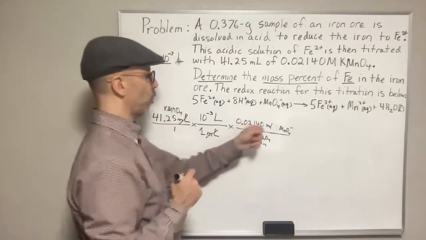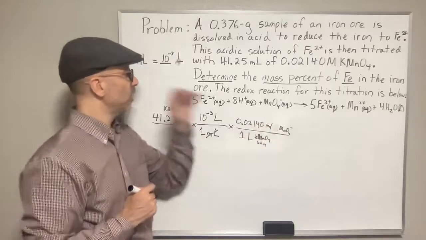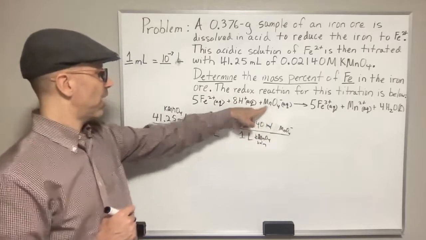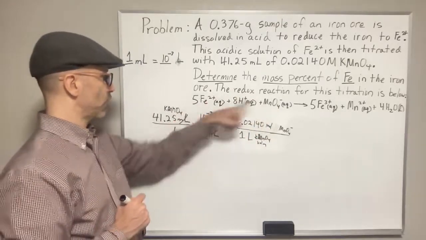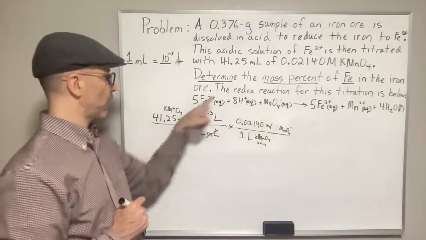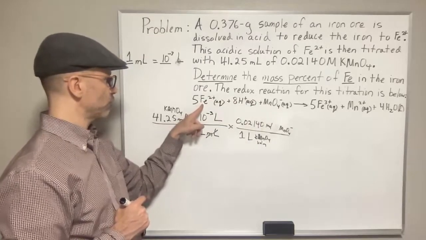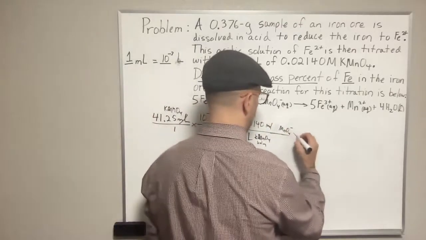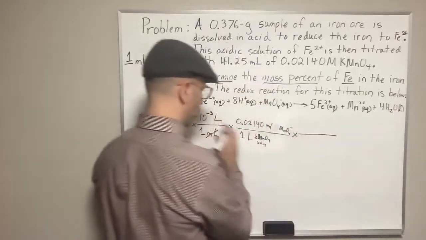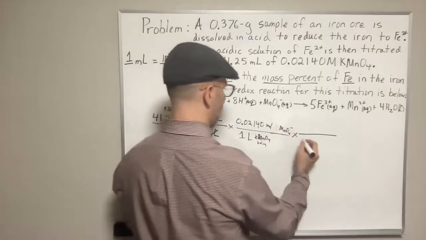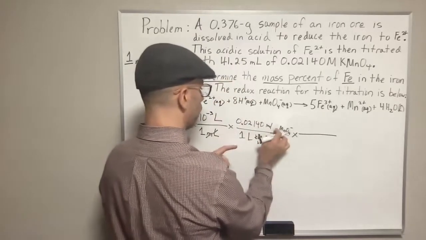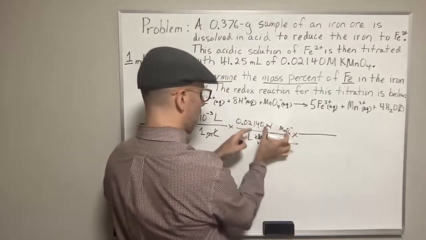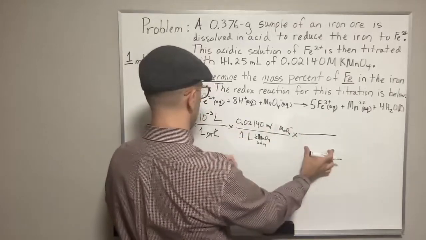And now that we have moles of MnO4 minus, we can use our balanced equation to convert from moles of MnO4 minus to moles of iron 2 plus using the mole ratio 1 to 5. So now we're going to set that up. I'm going a little crooked here. I have moles of KMnO4 on the top, so I'm going to put moles of KMnO4 on the bottom.